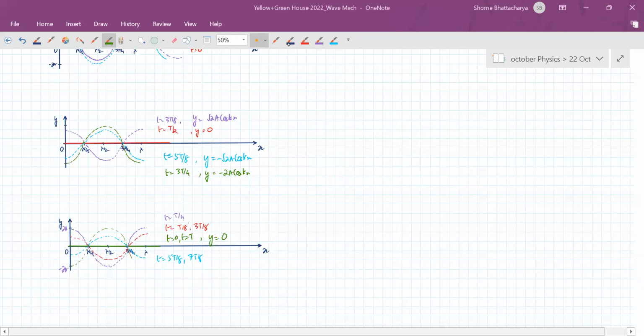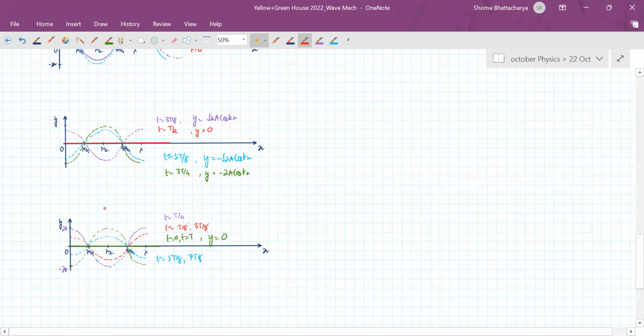So what we can see from this diagram is that the particles which are located at 0, lambda by 2, lambda, and then further ahead 3 lambda by 2, etc., are oscillating with an amplitude of 2a.